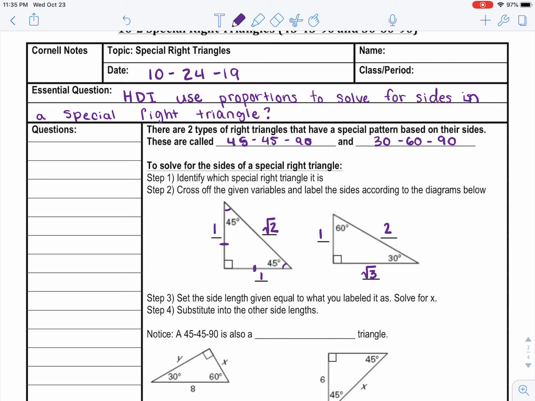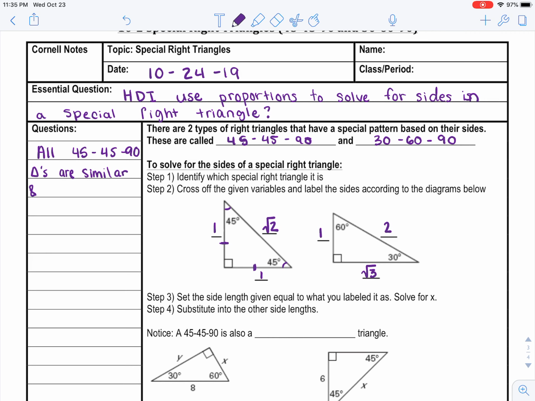So, with special right triangles, one key piece of information to know is that all 45, 45, 90 triangles are similar to each other. And then all 30, 60, 90 right triangles are similar.